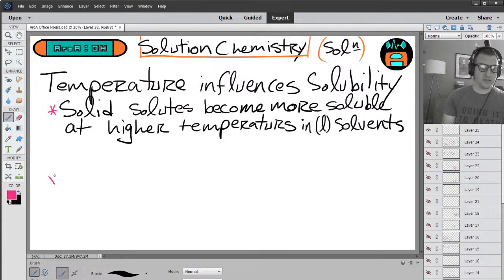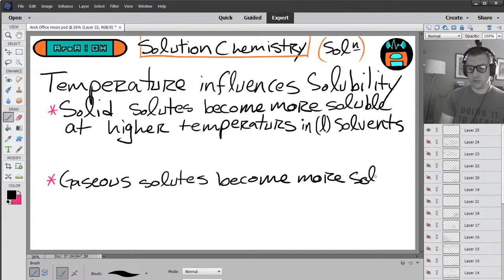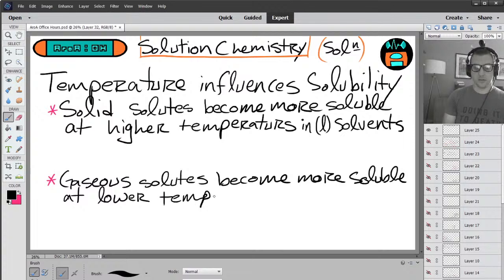Whereas gaseous solutes become more soluble at lower temperatures, in liquid solvents.